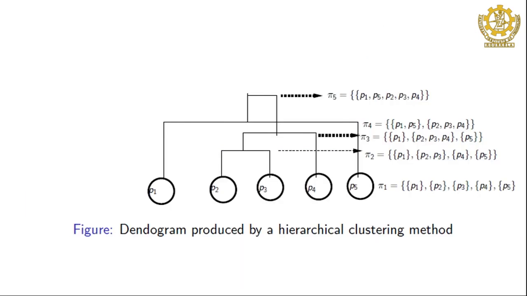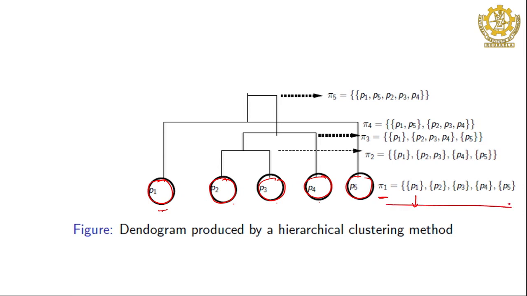So, here is one example. Say we initially have 5 points: P1, P2, P3, P4, P5. Each individual point is considered one cluster, this is one cluster, this is another, and so on. So, this is a clustering where each cluster contains a single point.